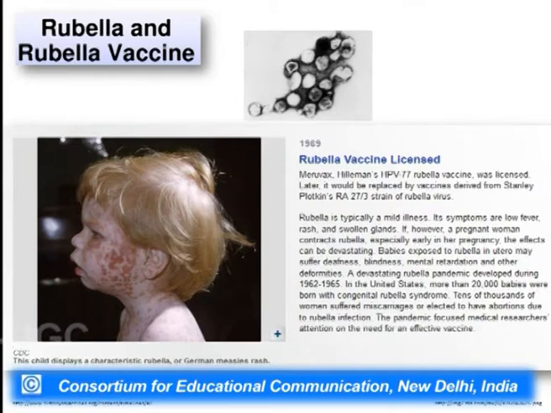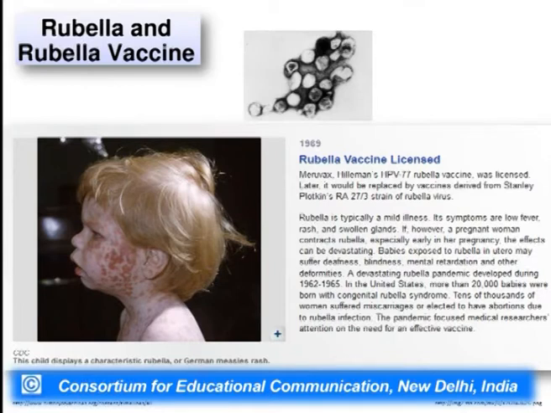What exactly is rubella? Rubella is a very mild disease. Its symptoms are low fever, rash, and swollen glands. However, if a pregnant woman gets infected with rubella, it almost always causes devastating effects in the fetus. Babies exposed to rubella in utero may suffer from deafness, blindness, mental retardation and other deformities.